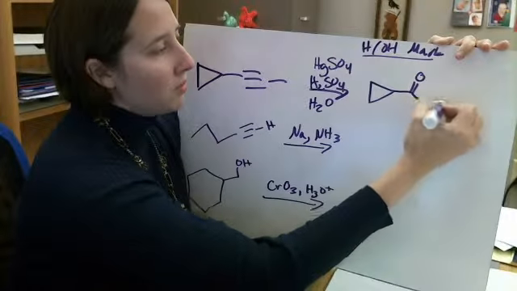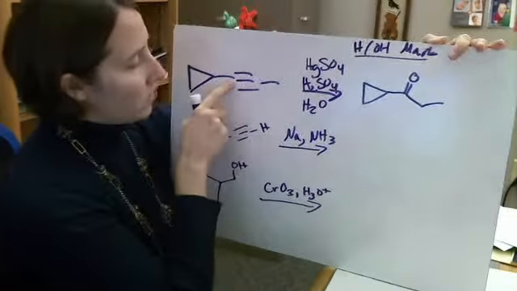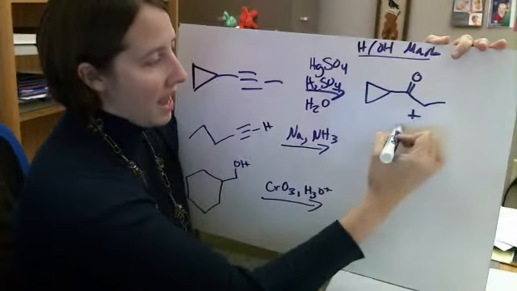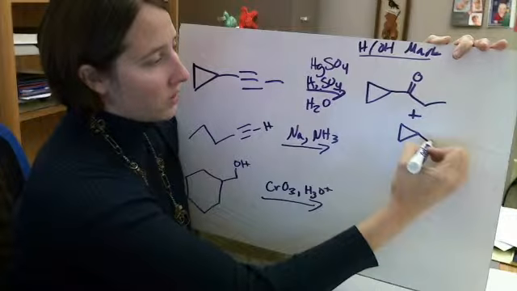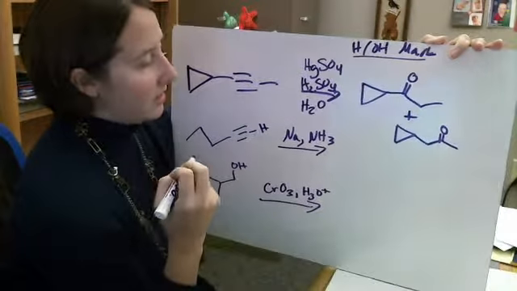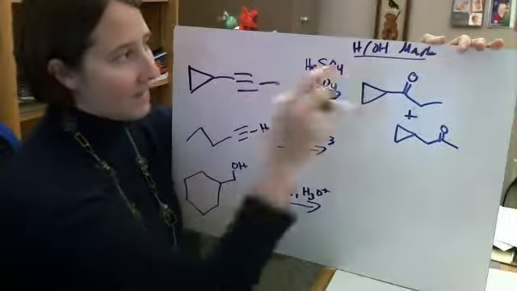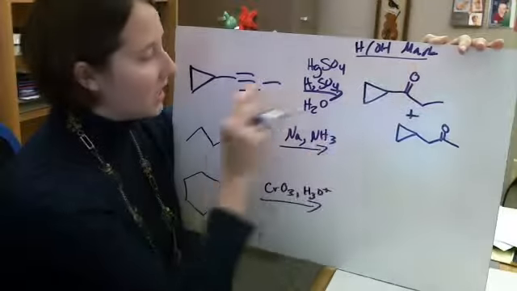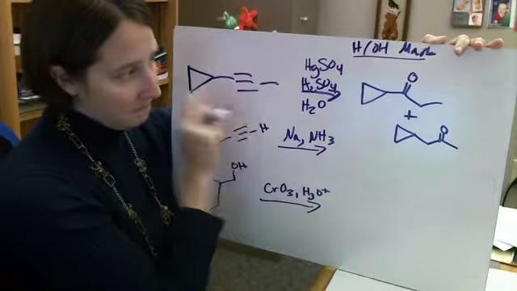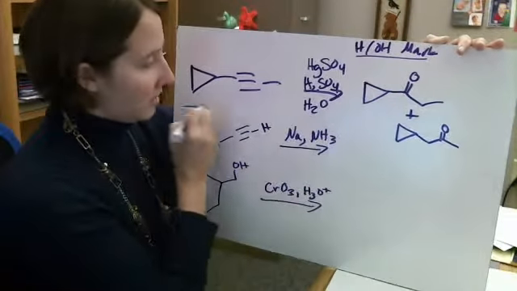So I will get this ketone where the O adds to this carbon, as well as the ketone where it has added to the other side, both of those. Because even though I do expect more Markovnikov product, there's no difference between those two carbocations in the intermediate. So I would get both of those products.